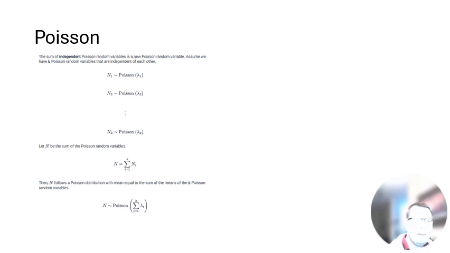Basically, you're adding up lambda 1, lambda 2 to lambda k. This will be the parameter for the new Poisson distribution.